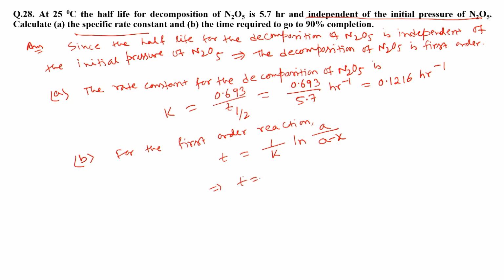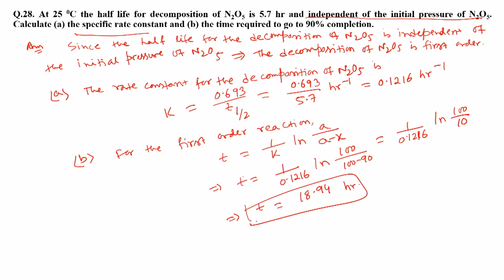So, t is 1 by 0.1216 ln 100 by 10, because 100 minus 90 is 10. If we calculate this, we get t is 18.94 hours.